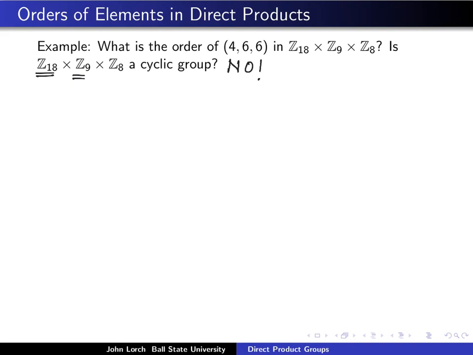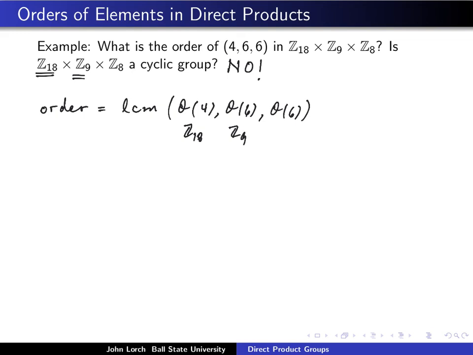But we learned from the last slide that the order of this element is going to be the least common multiple of the order of 4, the order of 6, and the order of 6. Now remember where we're working. In the first component, we're in Z18. In the second component, we're in Z9. And in the third component, we're in Z8.